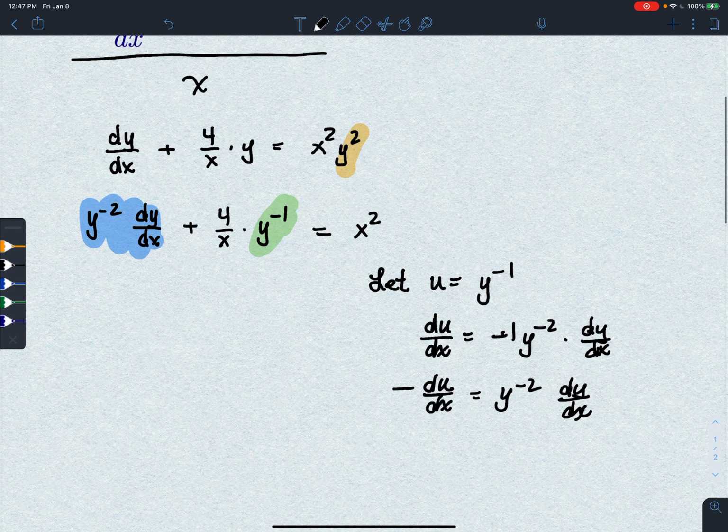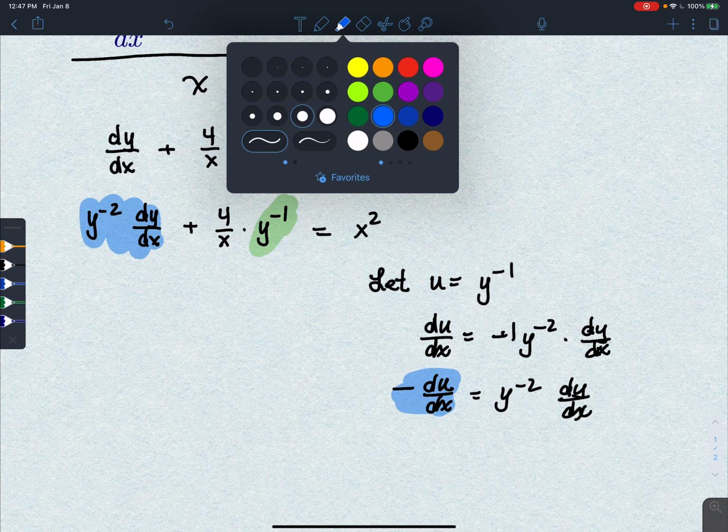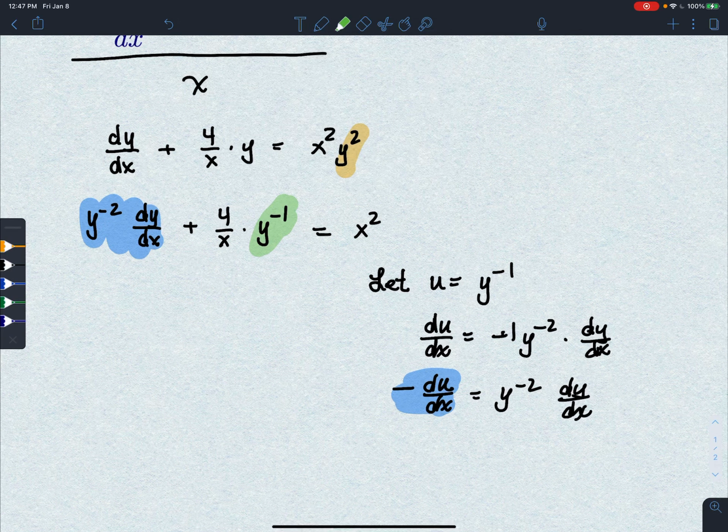So that means everything has a replacement now. So this y to the negative 2 dy/dx is the same as negative du/dx. And going back to the green here, y to the negative 1 is equal to u. So I'm going to plug that back in. So we have negative du/dx plus 4 over x times u equals x squared.